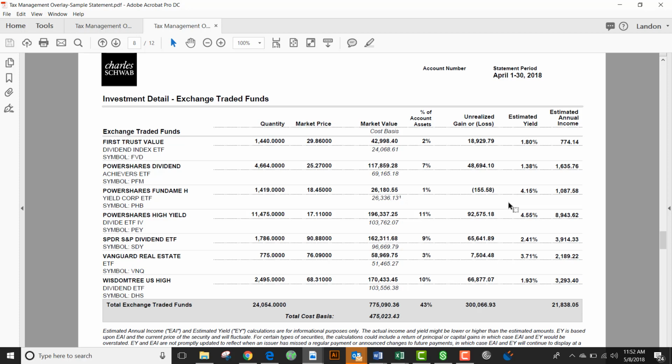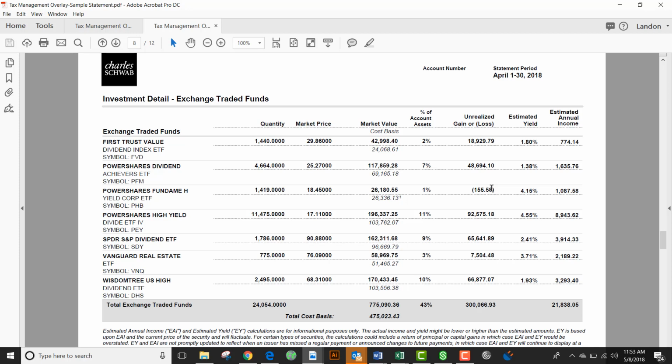So you can completely offset gains first with your losses. And then if you have losses that exceed your gains, then you can only use $3,000 of those losses against your ordinary income. So that being said, we don't have any problem here with offsetting this $48,000 gain. We don't have that $3,000 type of limitation. That only applies for offsetting ordinary income, not capital gains versus losses netting out.